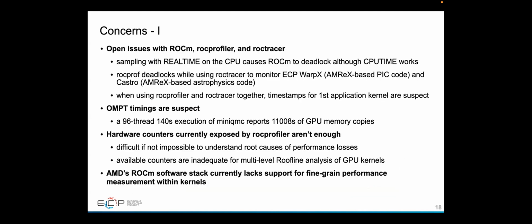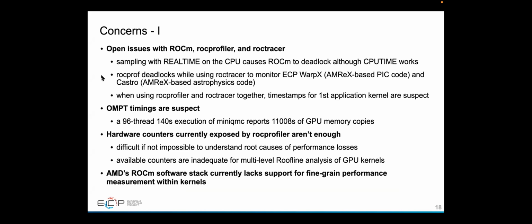So there are a couple of concerns that we have about where we are and things that need to be done for our tool set to work as well as we'd like. We have some open issues with ROCm, ROC Profiler, and ROC Tracer. It turns out that if you sample using real time on the CPU, you can cause ROCm to deadlock, although we can measure things by sampling with CPU time. We've observed that ROCprof deadlocks while using ROC Tracer to monitor ECP WarpX or Castro.